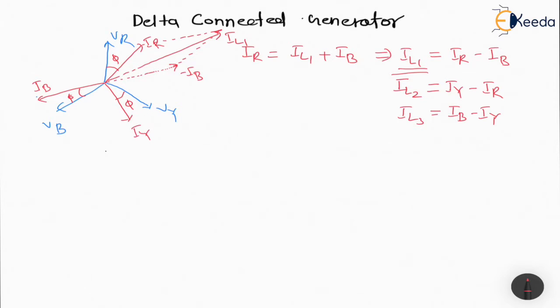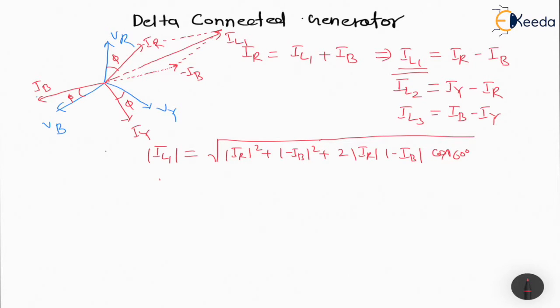You can see from here, mod of IL1 will be equal to under root of mod of IR square plus mod of minus IB square plus 2 into mod of IR into mod of minus IB into cos of the angle between IR and minus IB. How much is that angle? 60 degree. So cos 60 degree.